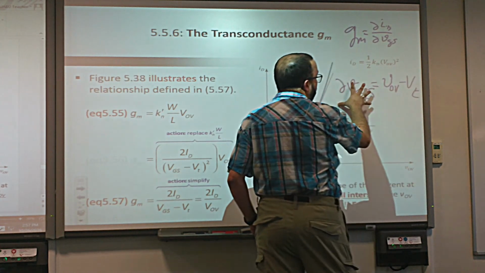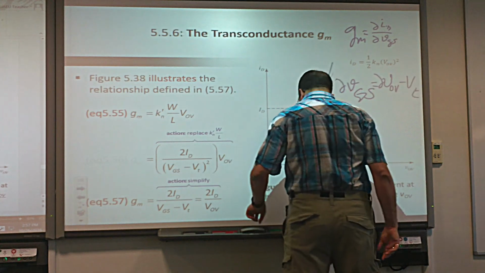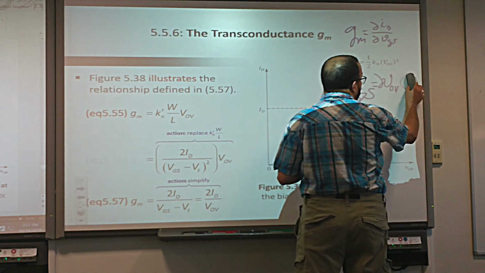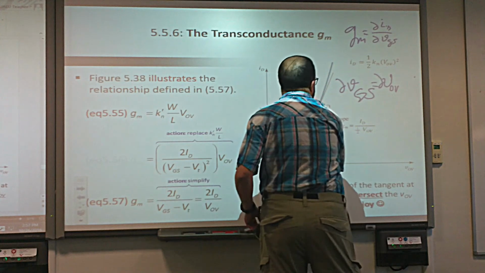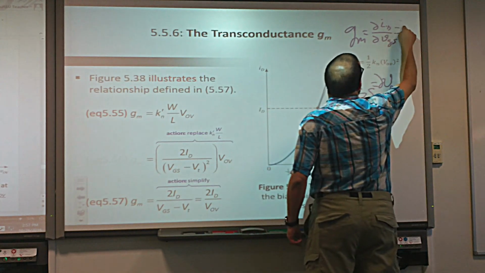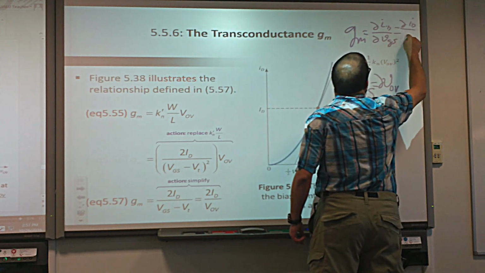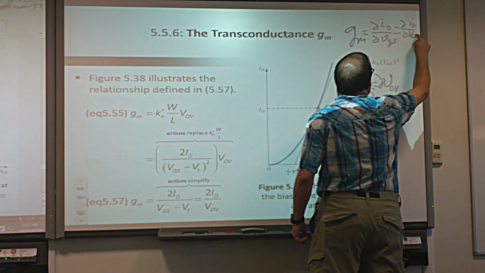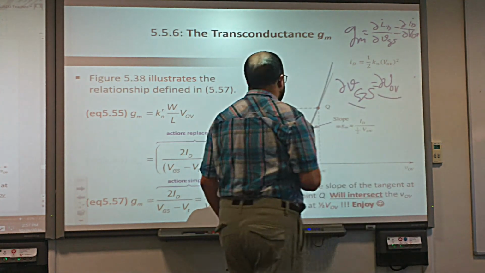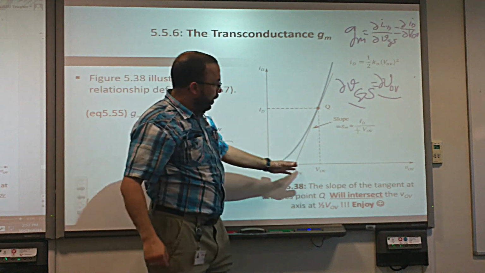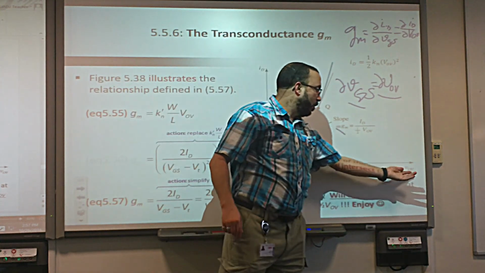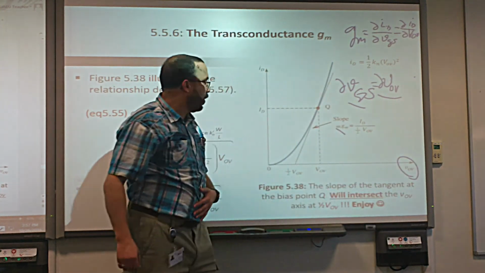So any variation of VGS is actually equal to variation of the overdrive, okay? So that's why the slope will be the same if we take the derivative of ID with respect to the V overdrive, because of this equation. And that's why it's the same slope if I draw that curve with respect to overdrive instead of VGS.